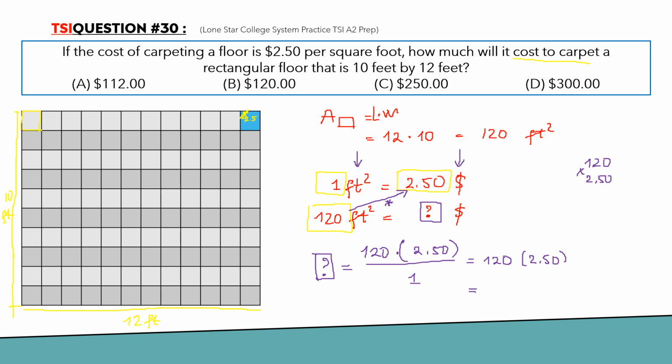We know that 120 is 12 times 10, and 12 is 3 times 4, then times 10, right? Now we multiply by 2.5.